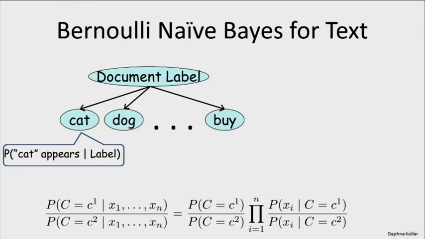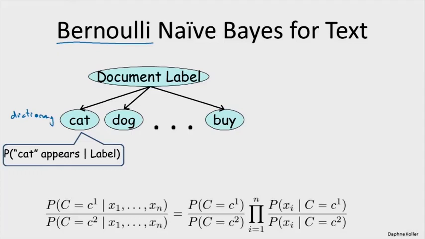It turns out that one can use two different naive Bayes models for tackling this problem. The first of those is called the Bernoulli naive Bayes model for text. And it treats every word in a dictionary. So you open your dictionary and there are maybe 10,000 words in that dictionary.